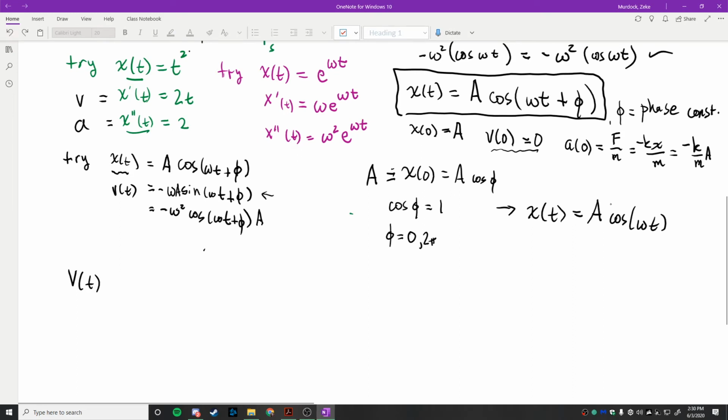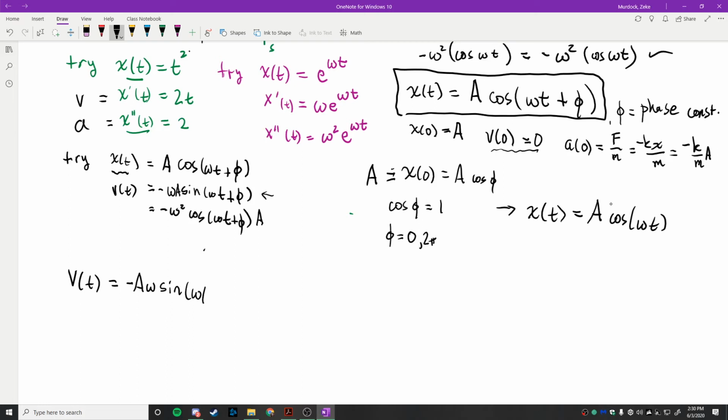There we go. Back to draw. Turn off ink to shape, please. V of t is going to be the time derivative of this, which is basically just negative a omega times the sine of omega t. So if I take v of 0, what I'm going to get is sine of 0, so I get 0. That works out just fine, right?